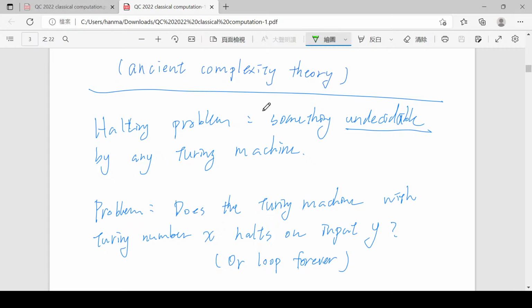But in practice, as you might feel, most problems we encounter are decidable. It's just something that you need to keep at the back of your mind, that sometimes there are this kind of problem.